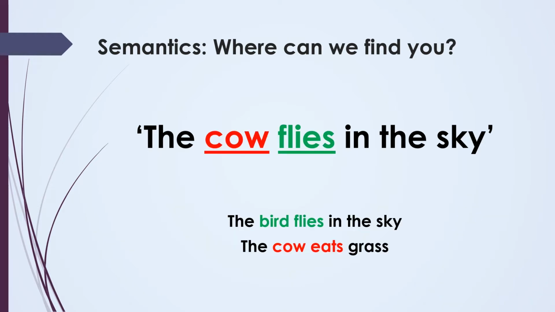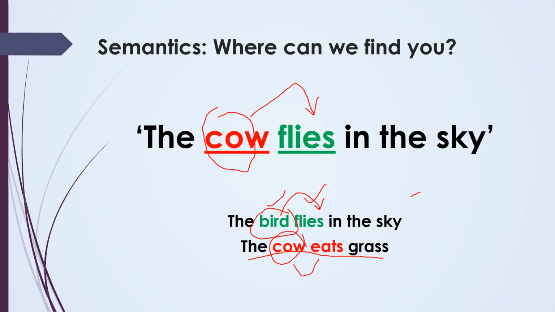Here we know the cow doesn't fit with this verb, fly in the sky. Rather, we can say the bird flies in the sky, or the cow eats grass. Here the bird connects with this verb flies, and here cow connects with this verb eats.